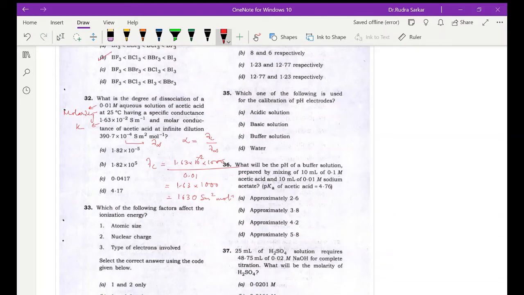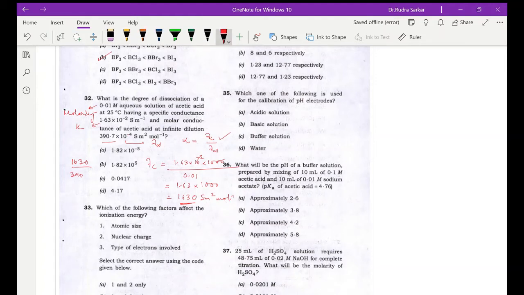So if this is the value, then this will be equal to this divided by that. I think this should be plus, not minus. So over here it should be 16330 divided by 390. Let's leave it at this.